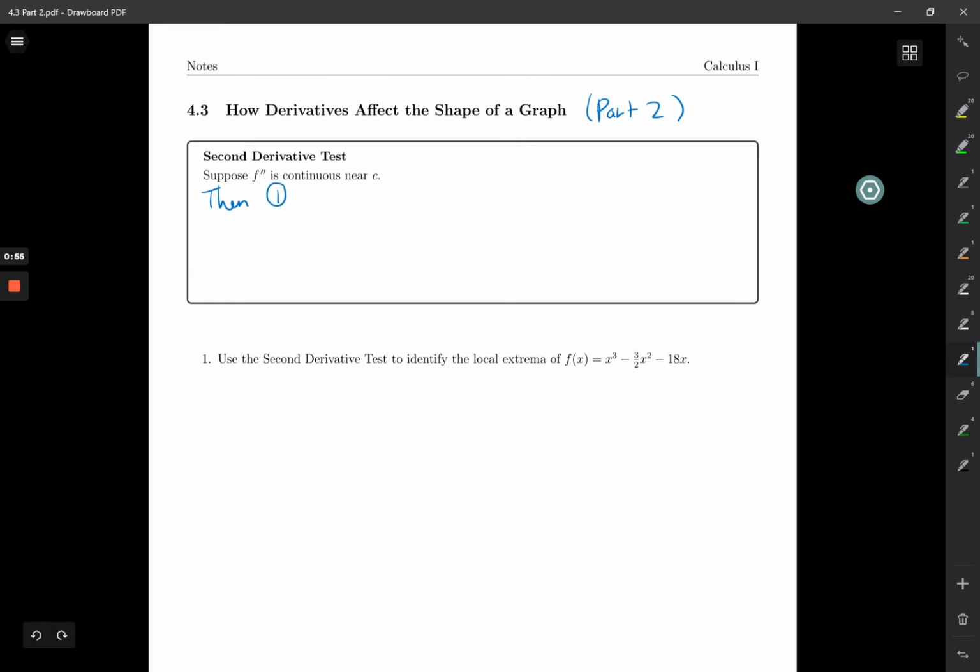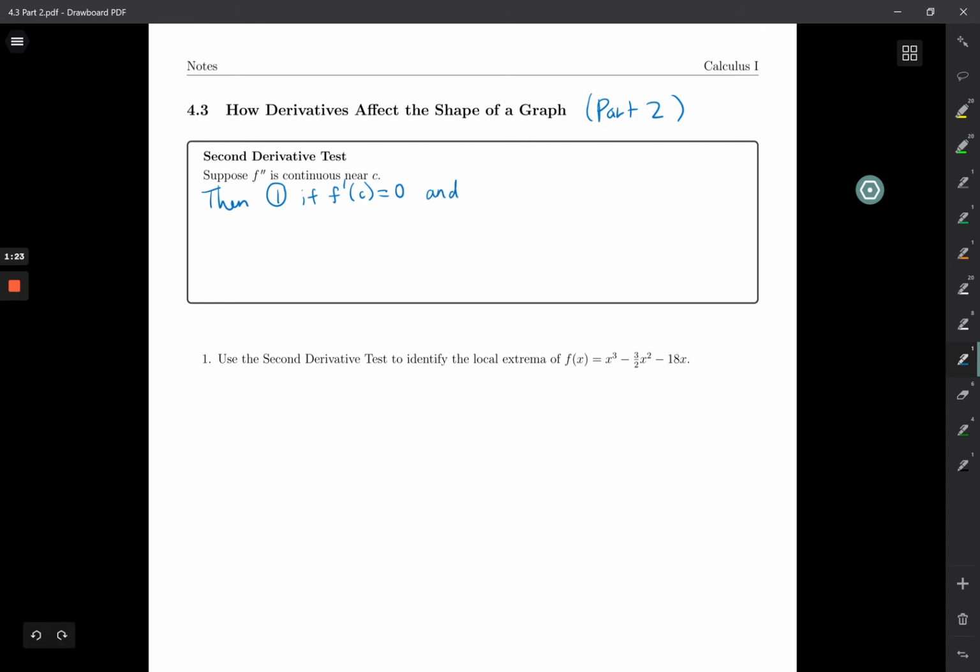We always need that this is a critical point, and it happens to be the type where the derivative at that point is equal to 0. The other type of critical point is where the derivative does not exist, and then we can't use this test. If it's the first type, then we can use the second derivative test.